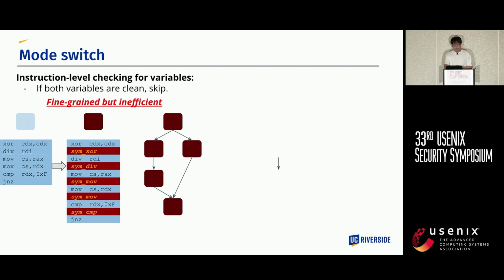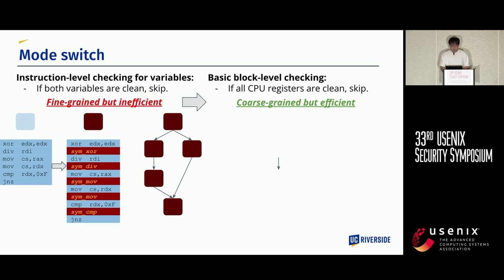To improve this instruction-level checking for variables and shadow memories, we utilize a coarse-grained but efficient approach. The idea is that we check at the basic block level: for every basic block, we check whether all the CPU registers are clean, which means all the instructions in this basic block can only deal with concrete variables. The only exceptions are load and store, which can potentially read and write the shadow memory.